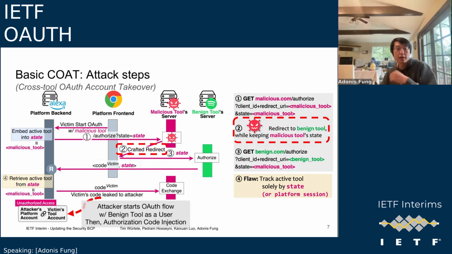That link looks very much like an OAuth authorization URL that appears in the OAuth standard. So you go to malicious.com, number one. You click a link. It will go to malicious.com/authorize with client ID, redirect URI equals something, and state equals something. This URL is generated by the platform, the service that you interact with.